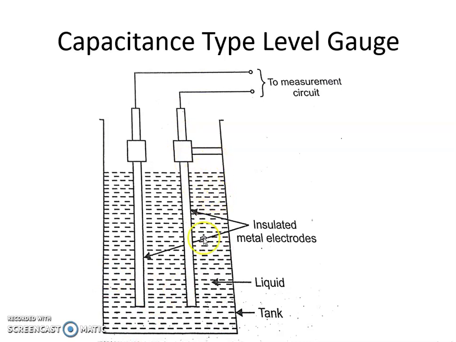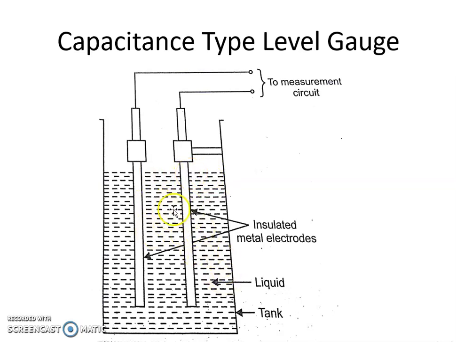As the distance between the two electrodes is fixed, the capacitance of the parallel plate capacitor depends on the dielectric between them. In between these two electrodes there is the liquid, whose dielectric constant changes as the level of the liquid changes.